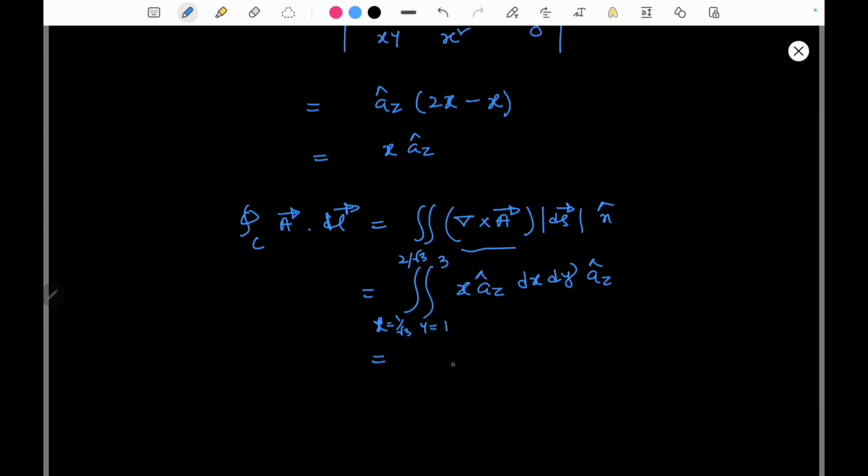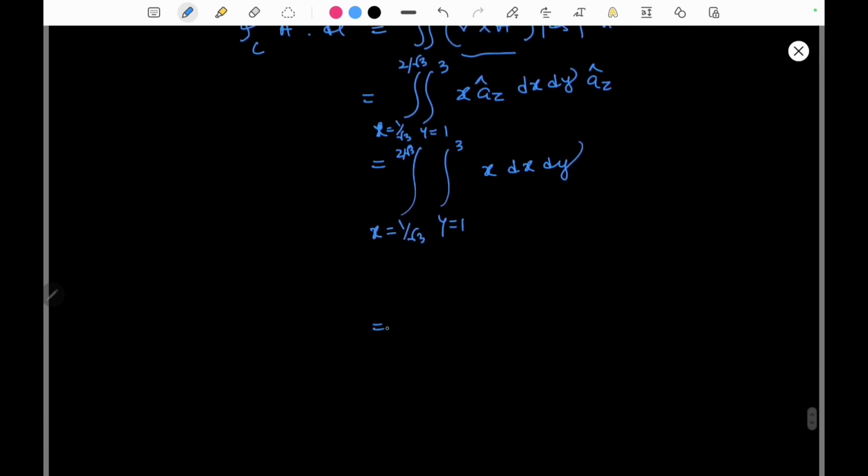Okay, so here first we can write y equal to 1 to 3, x equal to 1 by root 3 to 2 by root 3, 3x dx dy. Now x square by 2, from 1 by root 3 to 2 by root 3, y equal to 1 to 3 dy.